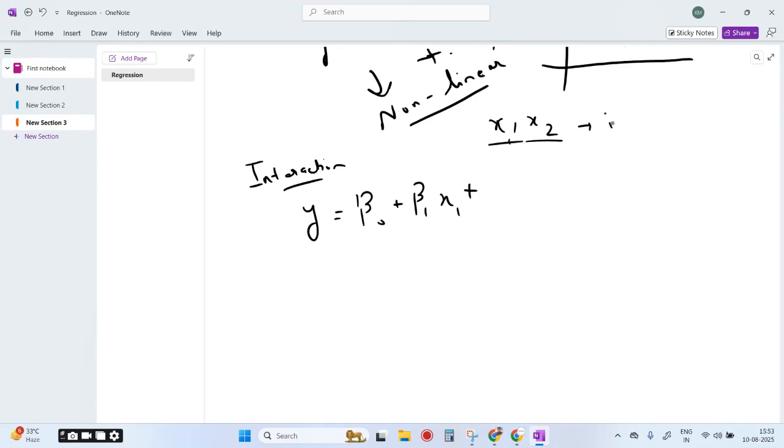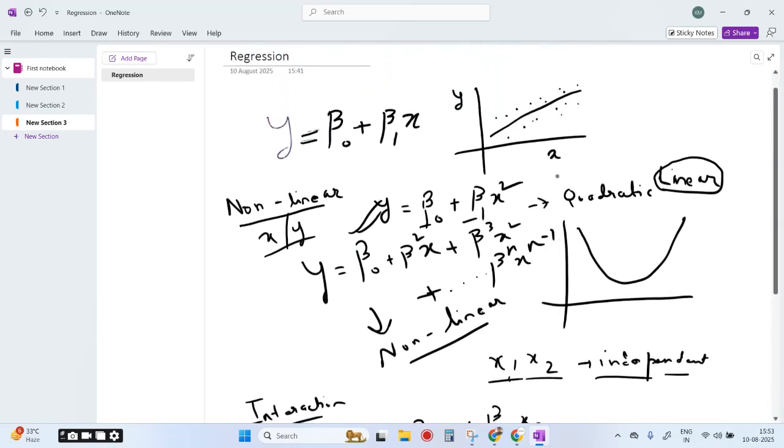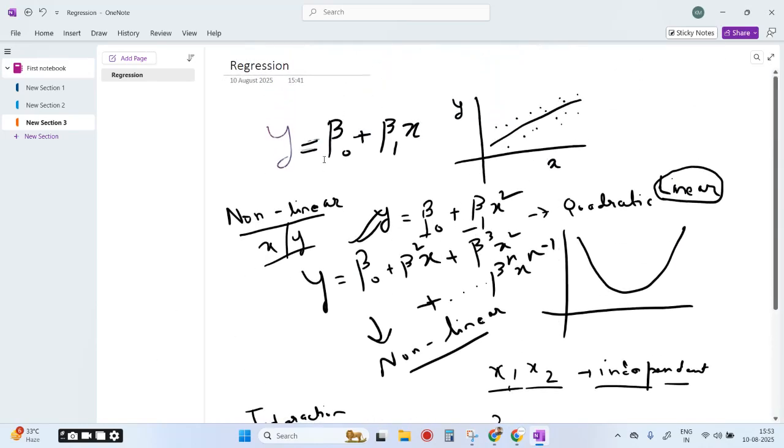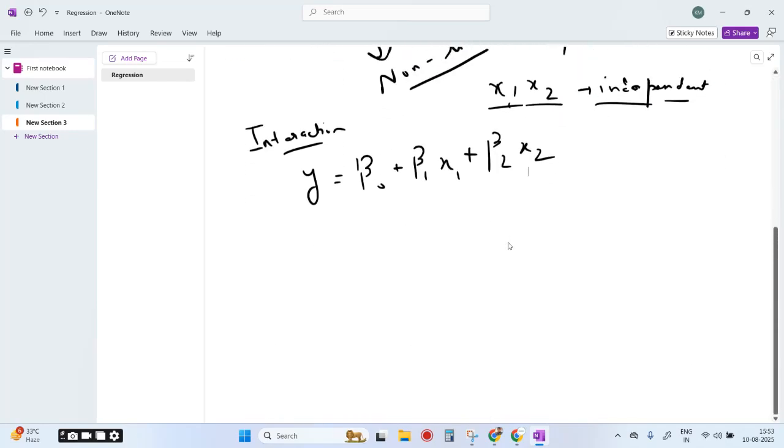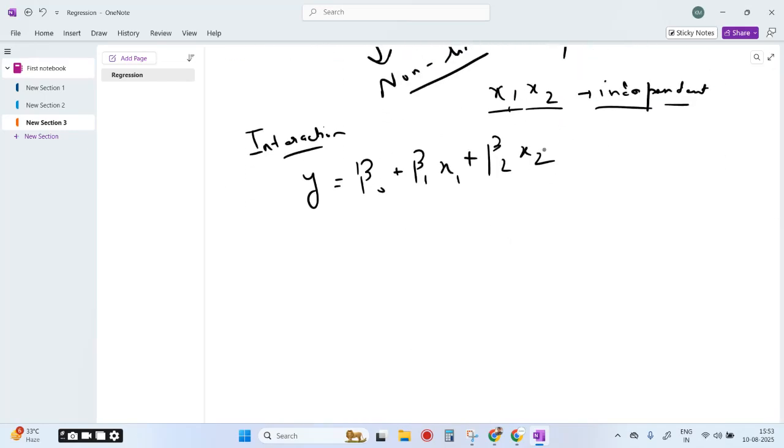These are the variables whose relationship among them is causing an output. So then you have beta 2 x2, and this is obviously just another version of the equation that we saw here, only with one more independent variable.